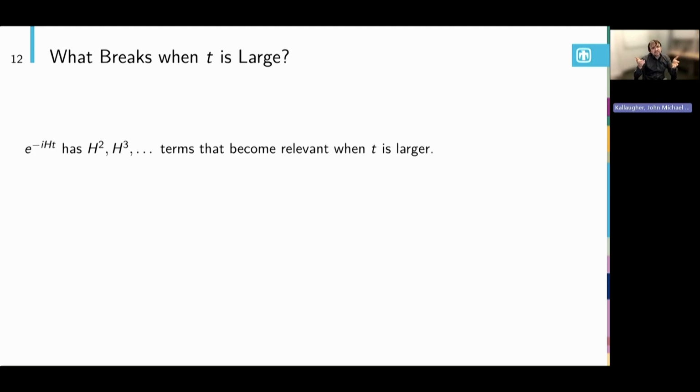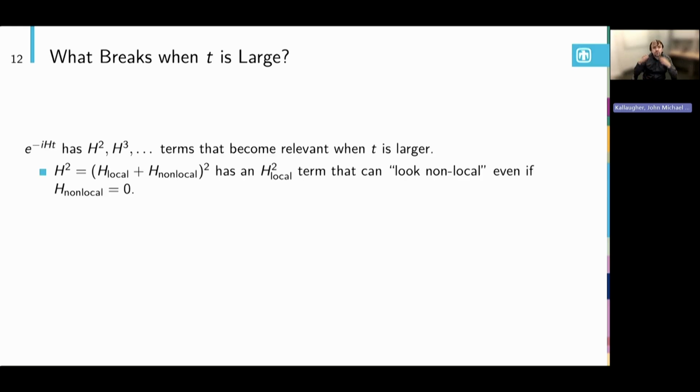Well, the problem is that e to the minus iht, this complex exponential, has these h squared, h cubed, etc. terms that are going to become relevant when you start making your t large. And just narrowing in on that h squared term for a second, if we write h as the sum of its local and non-local part and then square it, you can see you end up with this h squared local term that could potentially look non-local, even if the actual non-local part of h is 0.